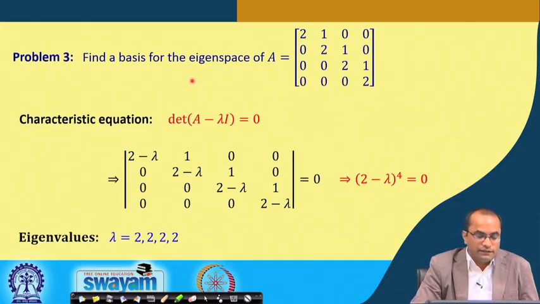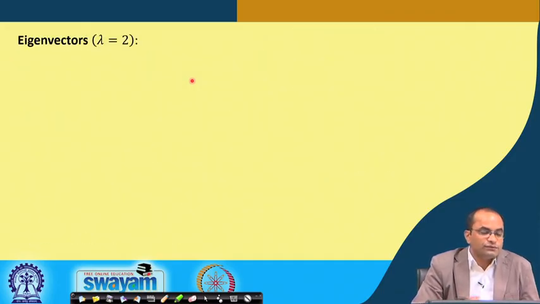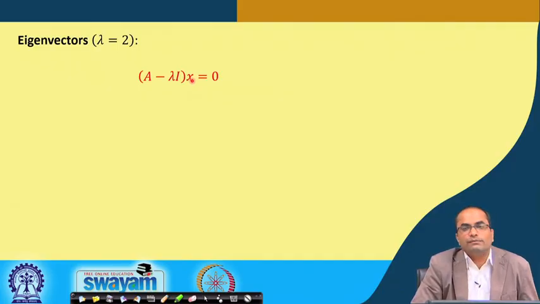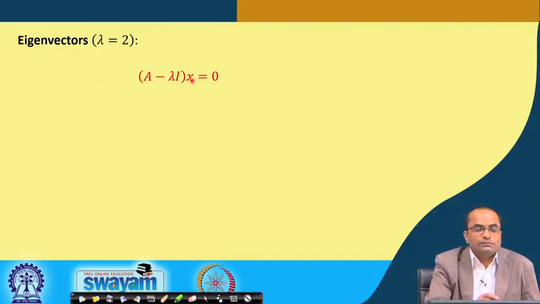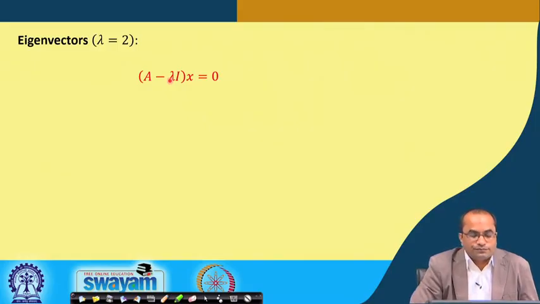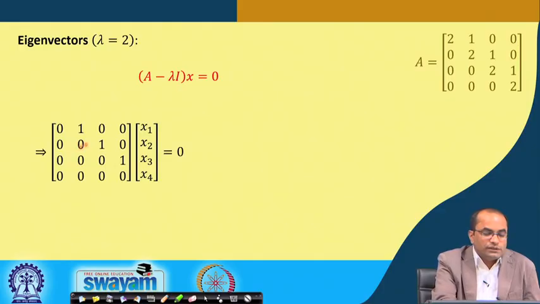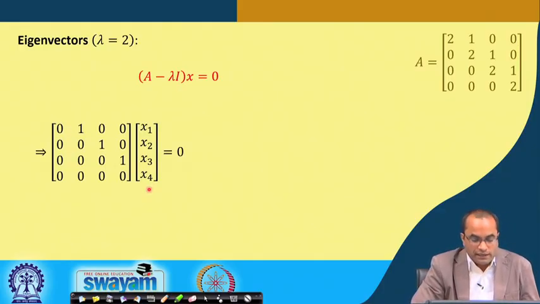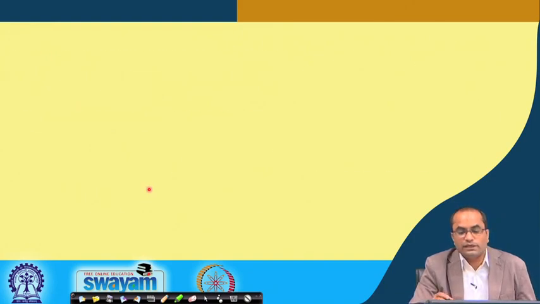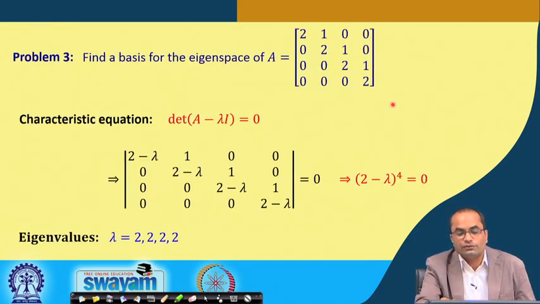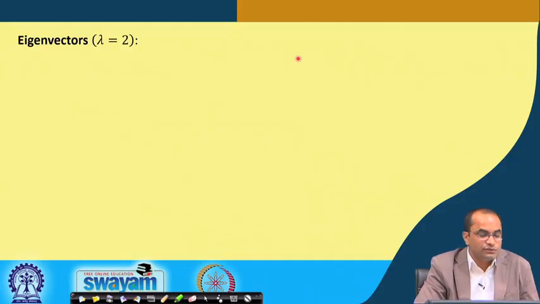To get the eigenvector, we have to set up this (A minus lambda I) x is equal to 0, the system of equations corresponding to lambda equal to 2. This 2 will be subtracted from the diagonal entries, and our matrix had 2 in the diagonal entries, so these diagonal entries will become 0 now.